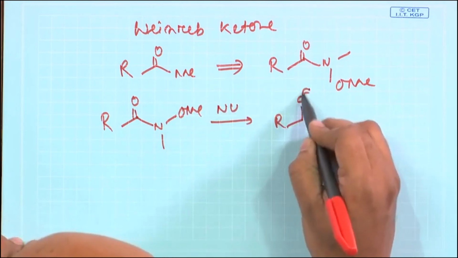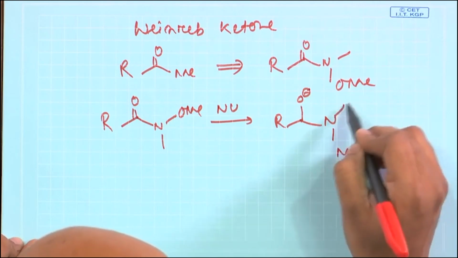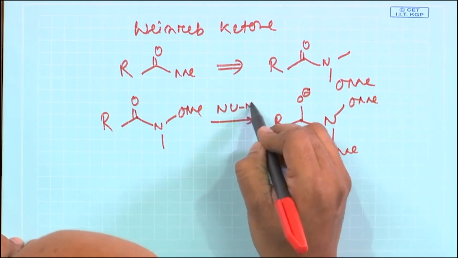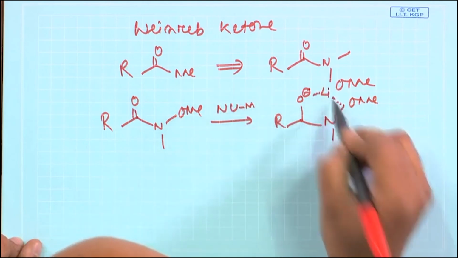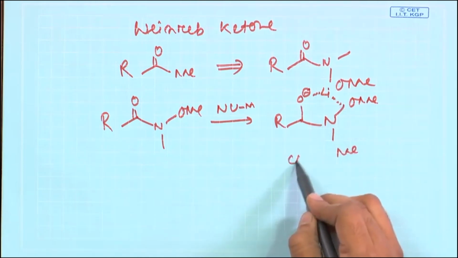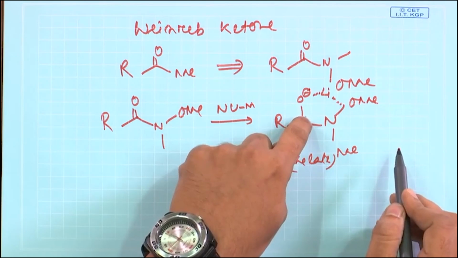What will you get? So, if the nucleophile contains a metal like lithium or magnesium, you will have this kind of chelate. Now, this chelate is exceptionally stable, and that will stop further nucleophilic addition.